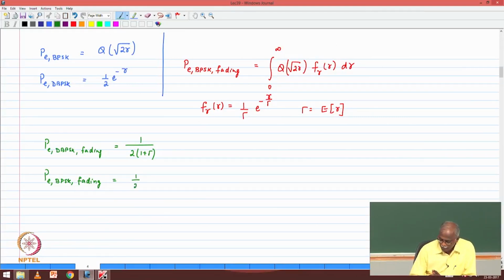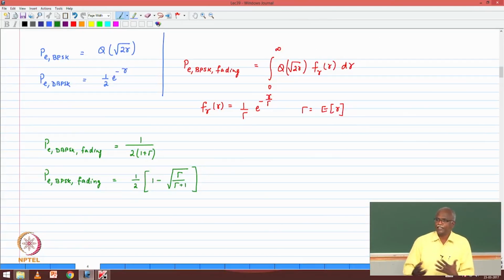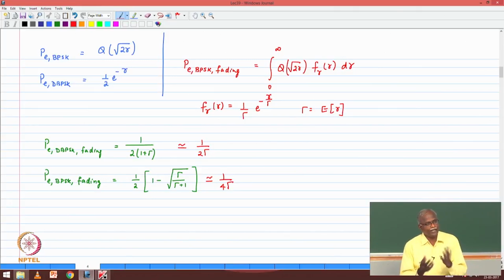The answer came out to be 1/2 of (1 minus square root of gamma divided by (gamma plus 1)). And in both cases, we were interested in the asymptotic approximations. The asymptotic approximation in this case was 1 over 2 gamma. In this case, it was 1 over 4 gamma, indicating that BPSK had approximately a 3 dB advantage over differential BPSK in the context of a fading channel.